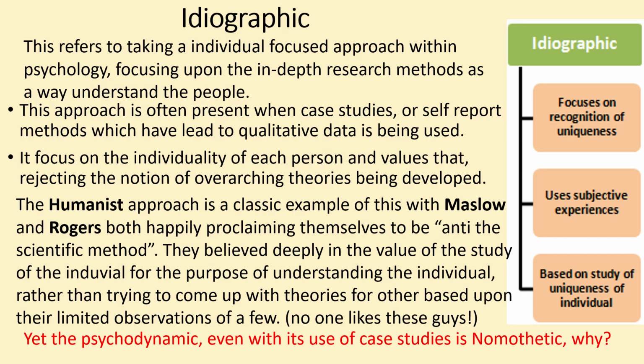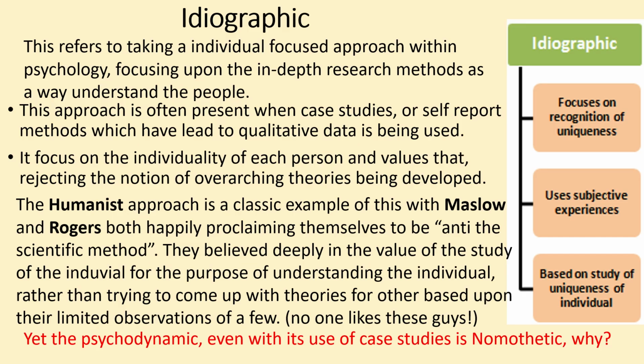So what we see then is the need to see where it is in psychology. Some people will argue that it's not using the scientific method, and humanists will even openly proclaim themselves to be anti the scientific method, which can be criticized. Basically, because we're so focused on the individual and being able to support and develop the individual, we can't really develop universally applied theories.